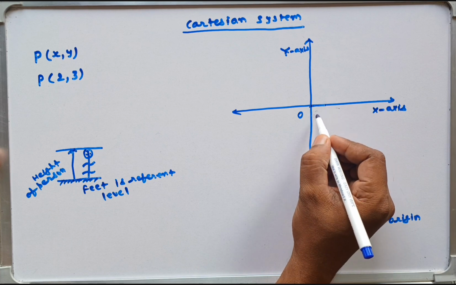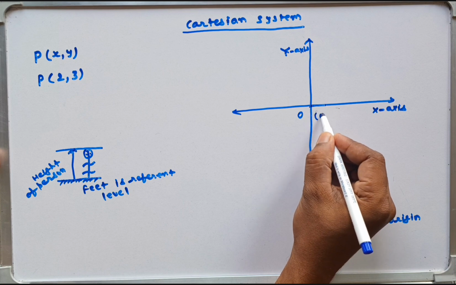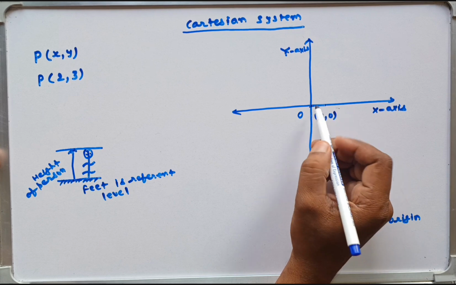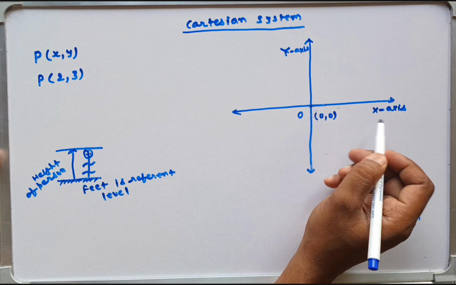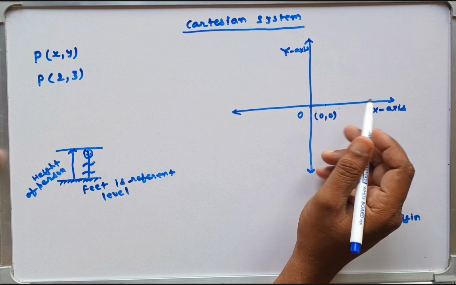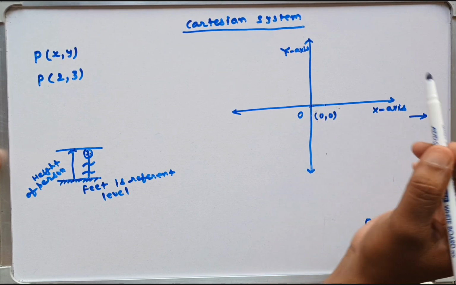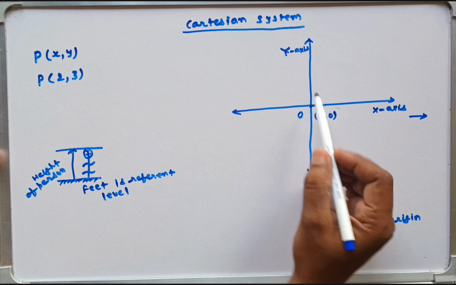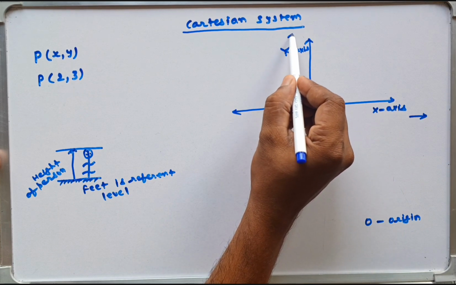So the coordinate of this point is (0, 0). We start moving along the x-axis in this direction from 0, or in this direction also from 0.